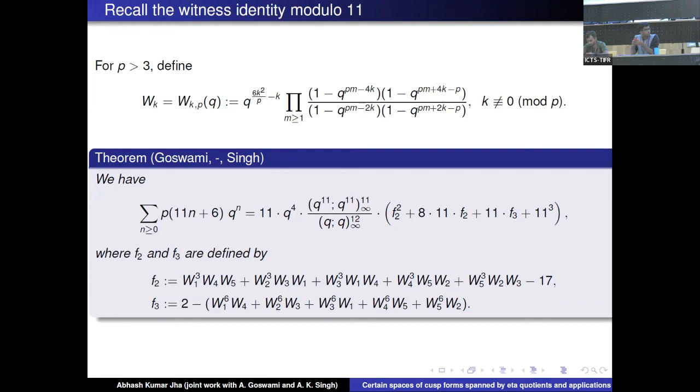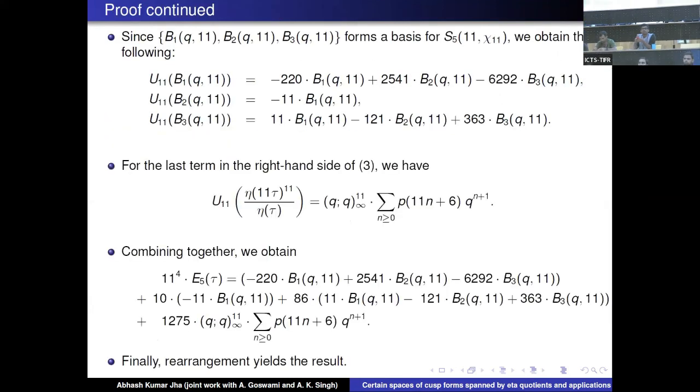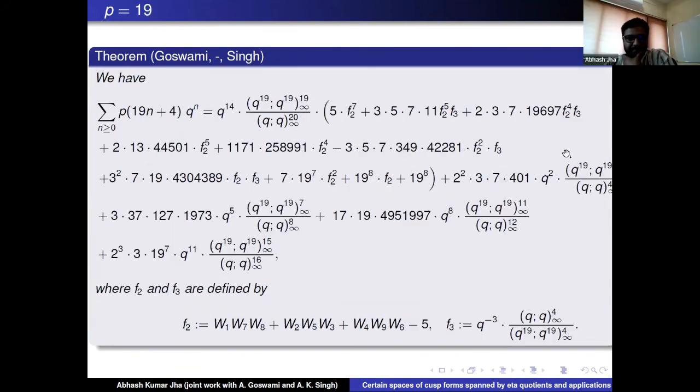Can you show the 19 congruence once again? Yes. Actually, the last two terms have a 19 in them. Yeah, these two. Not the last two; here also 19 is there, but there are many 19s, but not everywhere.